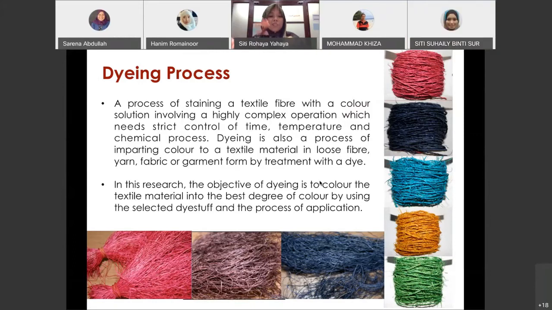From my experience, I can say that fiber dyeing is much better than yarn dyeing or fabric dyeing, because when you do fiber dyeing, all the dyes absorb very evenly, very well, on all the surface of the yarns. Very deep.